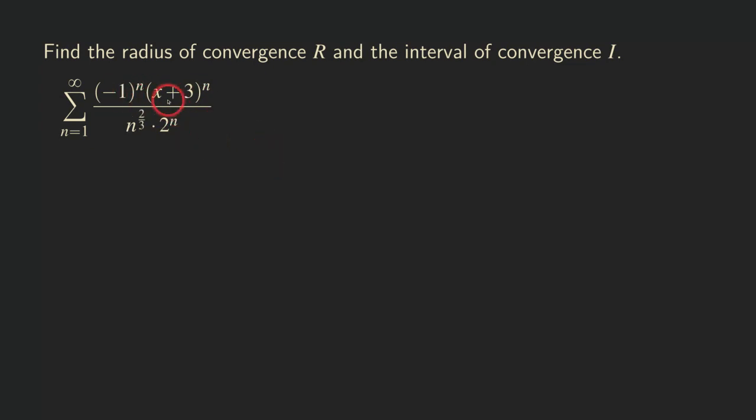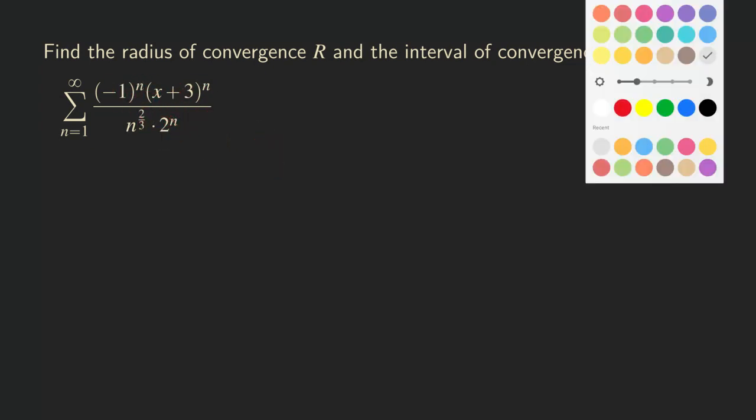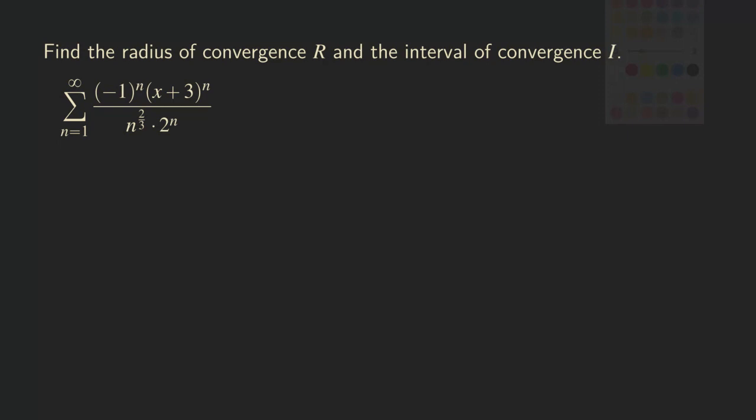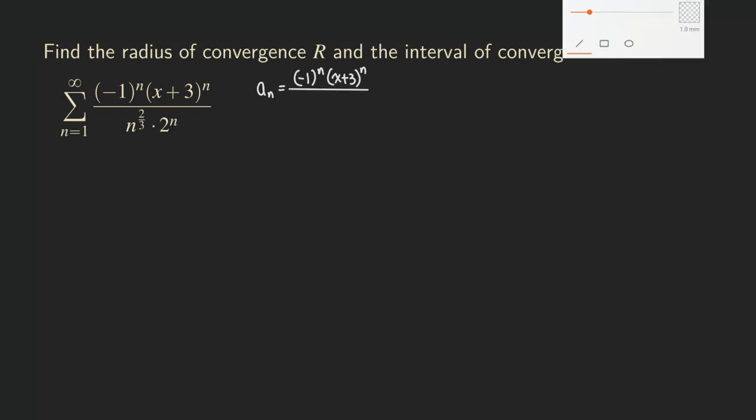First, we have this expression, which is the a sub n. That's our usual expression right here: -1 to the n times x plus 3 to the n. And then in the denominator, we have n to the 2 over 3 and then times 2 to the n.